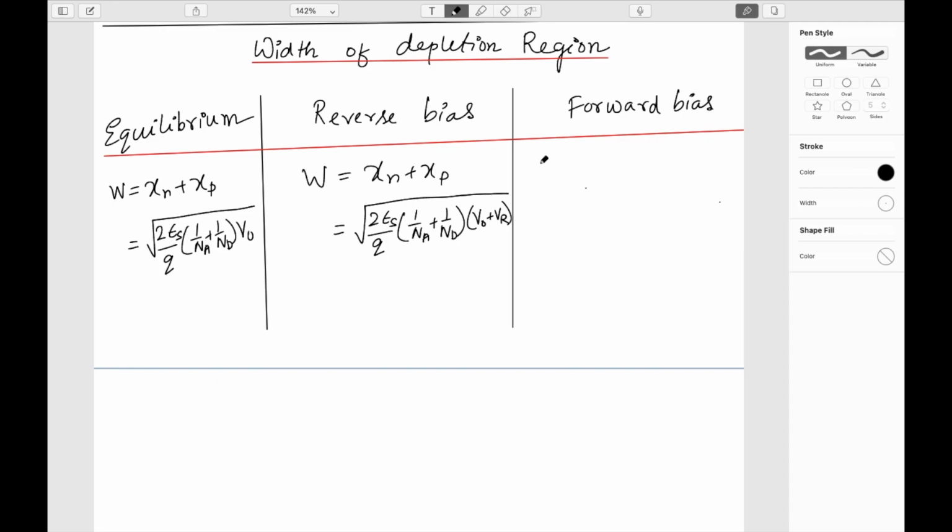And in forward bias condition, Xn plus Xp will be given by V0 minus Vf. We just need to change this built-in potential. Once we change this built-in potential with plus Vr or minus Vf, we will get the width of the depletion region either in the reverse bias condition or in the forward bias condition.